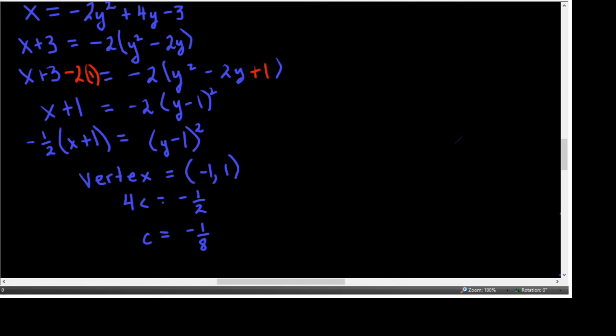This one's going to be a little bit more challenging to graph because of the small value of C. So it adds a little challenge to it. So we're going to be doing some estimating to make this look correct. So let's get this all set up. Don't forget to label your axes every time.